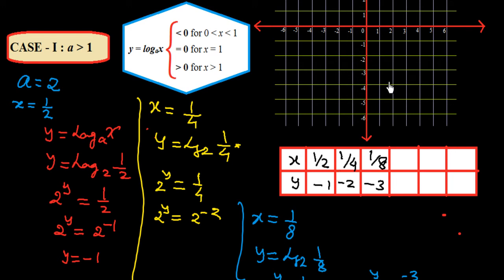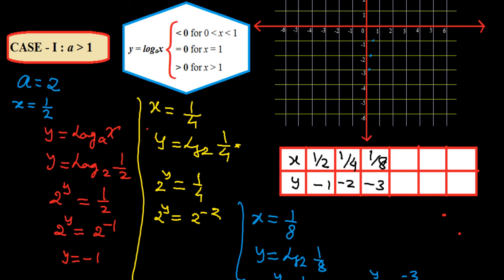If x is 1 by 2, and y is minus 1, so we get a point here. If x is 1 by 4, y is minus 2, so it is the 1 by 4 point we get here. If x is 1 by 8, so we get this point, minus 3, nearer to the y axis we are. So in this way we get the points here.